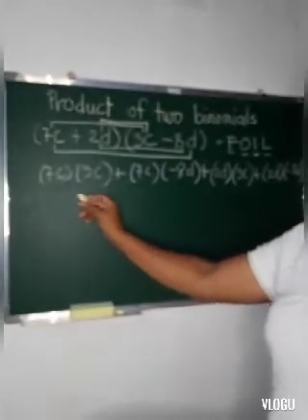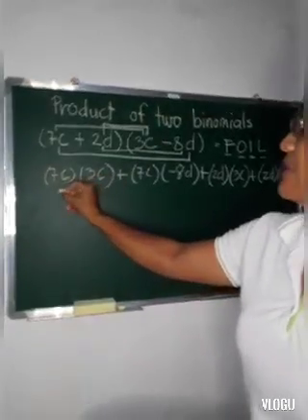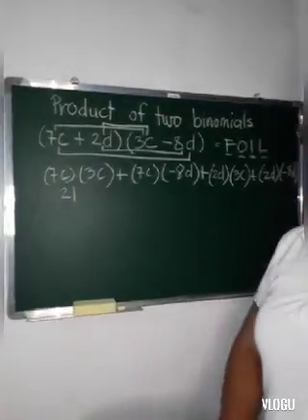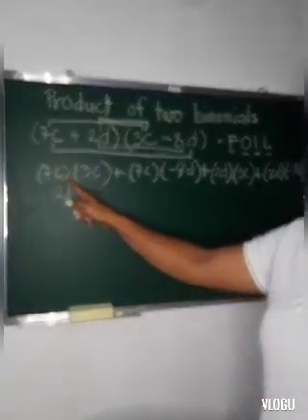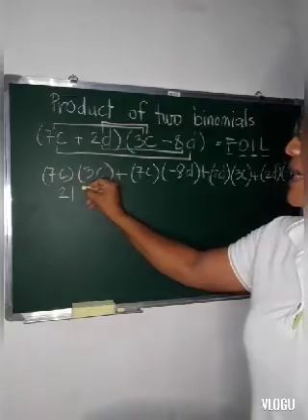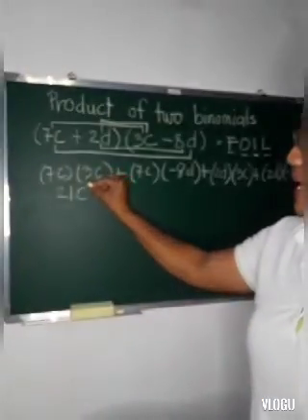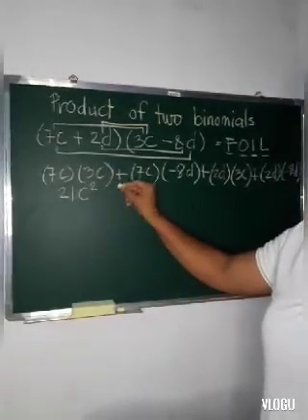Okay, next, we're going to multiply or perform the operation. 7 times 3, we have 21. C times C. So if you multiply a variable, you're going to copy the variable and then add the exponent. 1 plus 1, 2. So we have C squared.